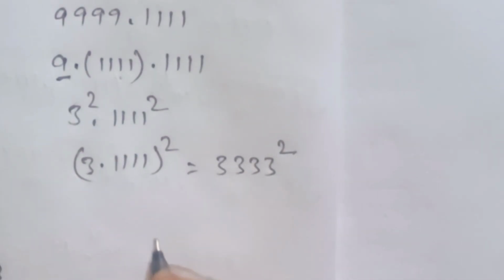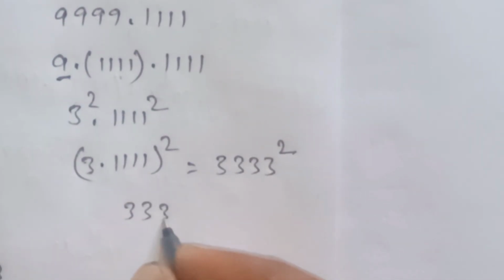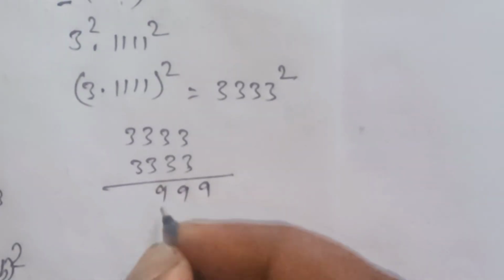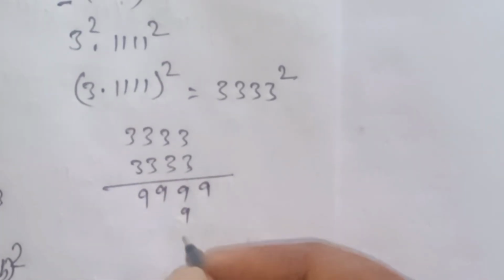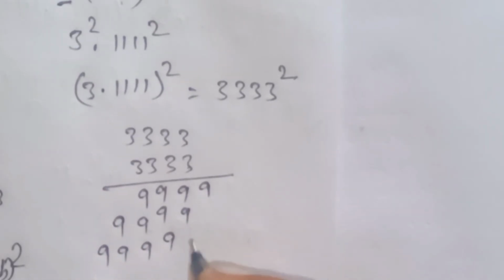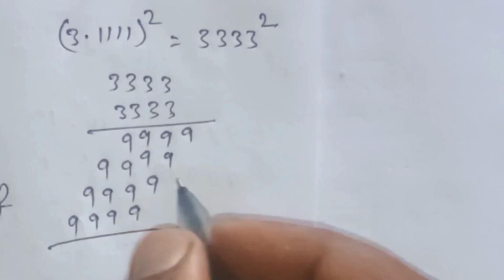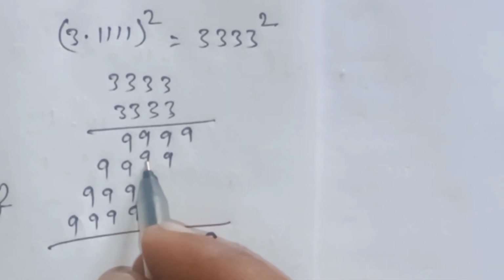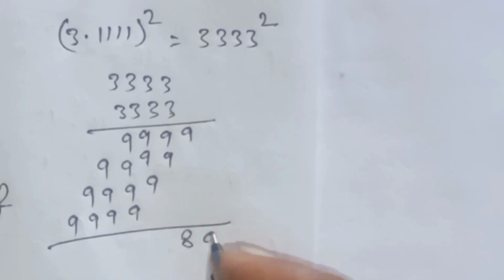After that, 3 into 3 is 9, again 9, 9, 9. Adding these numbers here, 9 plus 9 is 18, left it 1, and 9 plus 9 is 18, plus 9 is 27.